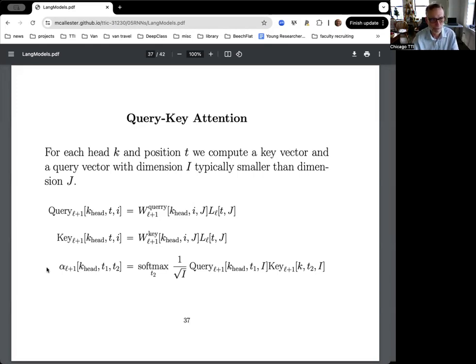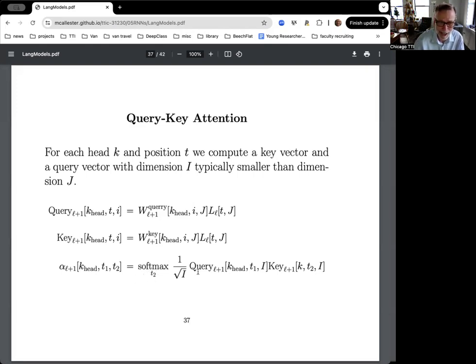And then I compute an attention from each position to each other position. Each position is going to attend to each other position under the relationship defined by this head. And that attention is computed with a softmax over this other position. The softmax is guaranteed to produce a convex combination over this other position.